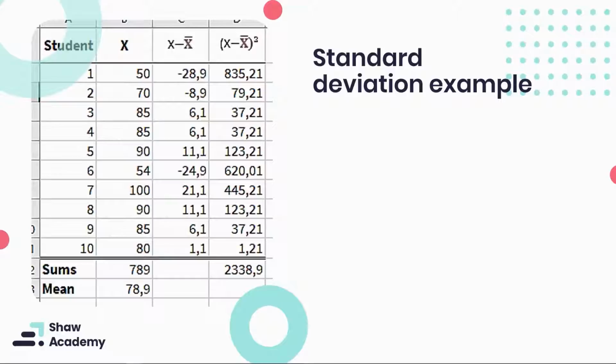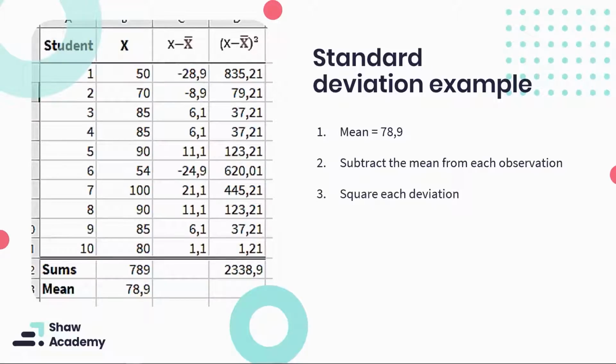Let's look at an example to better understand how the standard deviation is implemented. If we let x be the score the student achieved in the course, the mean score for a sample of 10 students would be 78.9. Then in the second column, we subtract the mean from each observation. Now this forms the deviations. In the third column, we square the deviation and then sum them, resulting in a summation of 2,338.9.